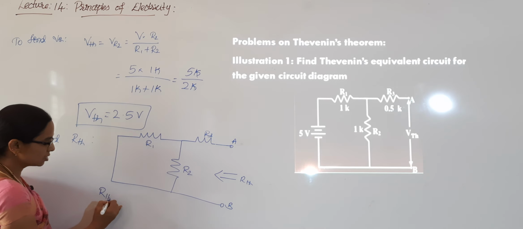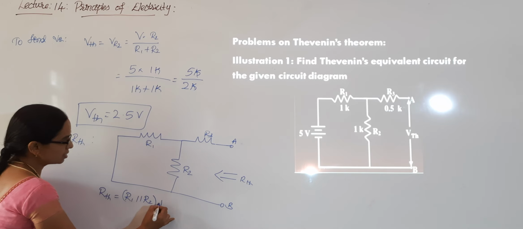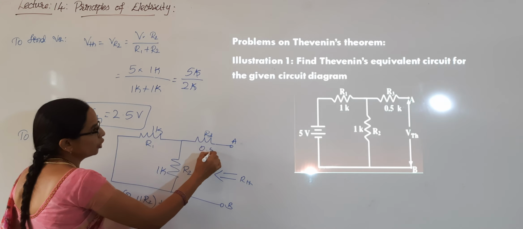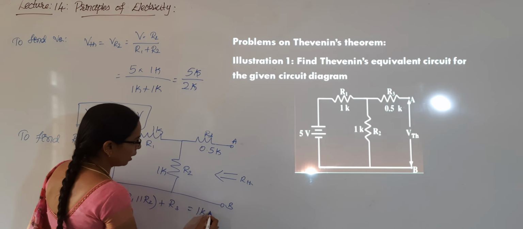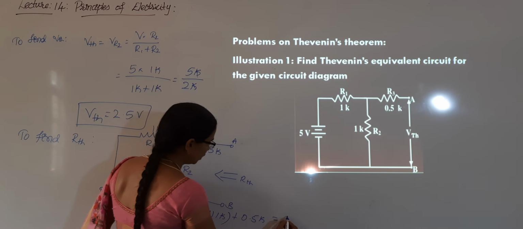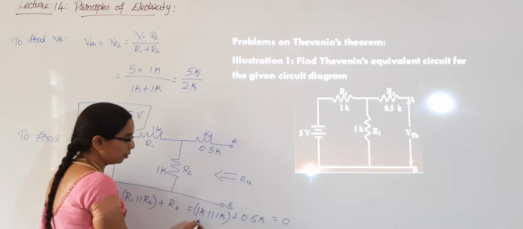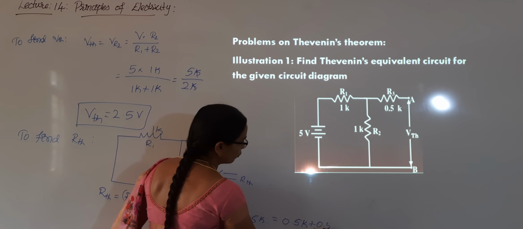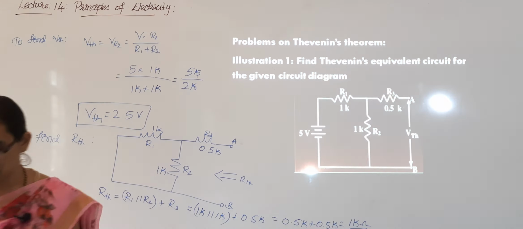So RTH is equal to R1 parallel to R2 plus R3. What is the value of R1? That is 1 kilo. This is also 1 kilo. This is 0.5 kilo or 500 ohm you can write. So 1 kilo parallel to 1 kilo plus 0.5 kilo. Two equal value resistors connected in parallel give half of that value, 0.5 kilo plus 0.5 kilo, that will be equal to 1 kilo ohm, which is the value of RTH.